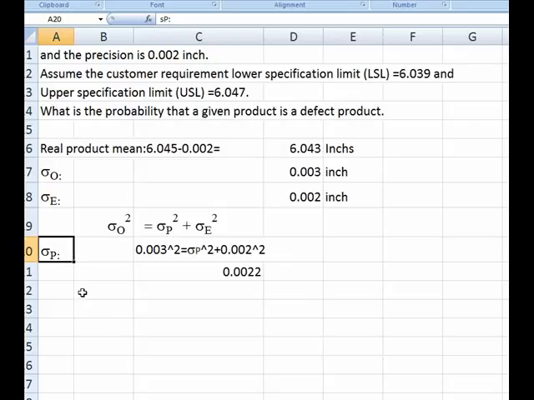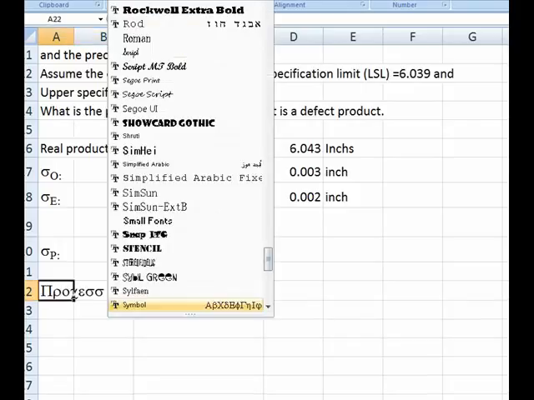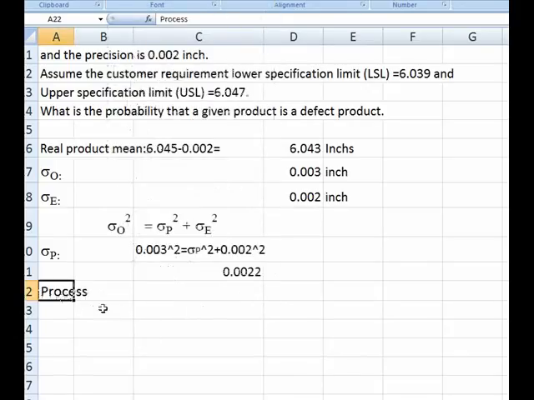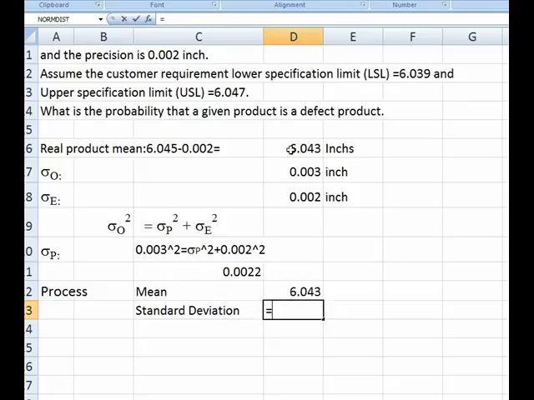Now we have a process with mean equals 6.043 and standard deviation equals this sigma p. So this is the process standard deviation.